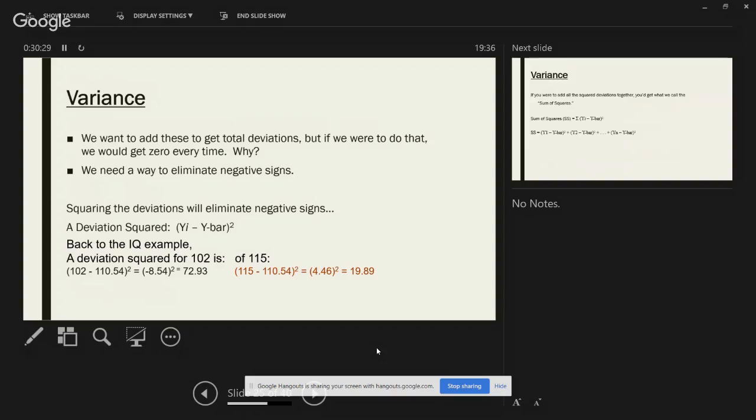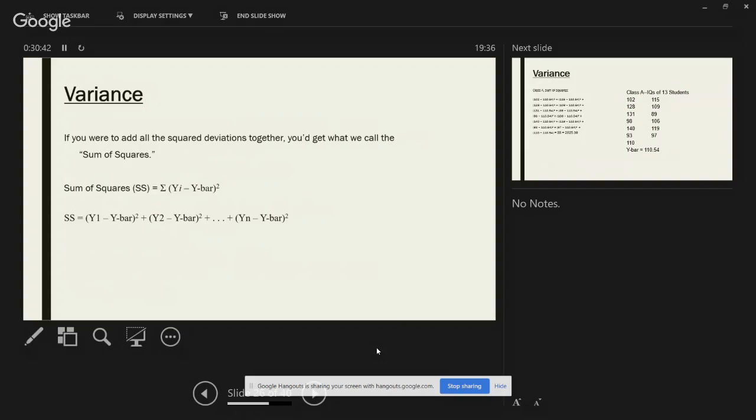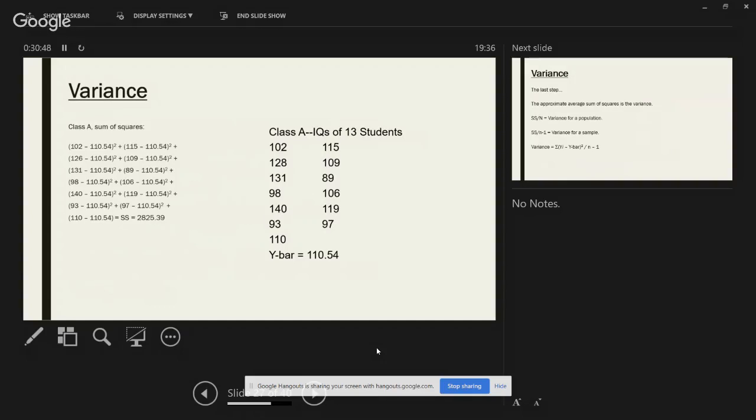The deviation squared for 102 is 72.93, and the deviation squared for 115 is 19.89. So that is how you calculate the deviation.